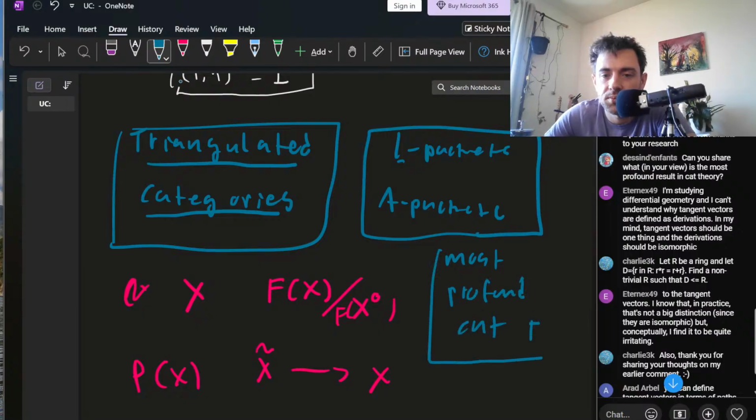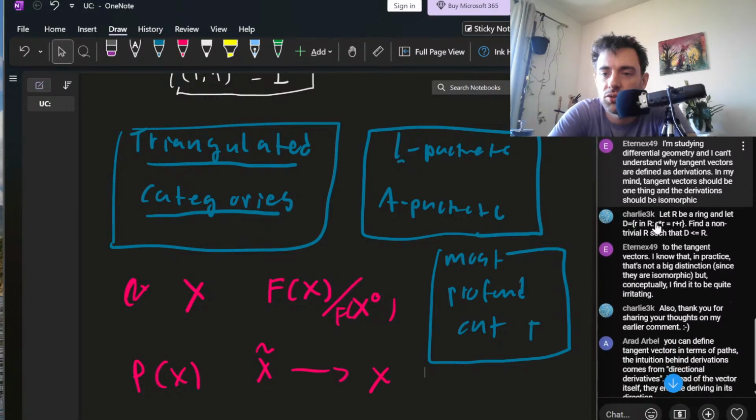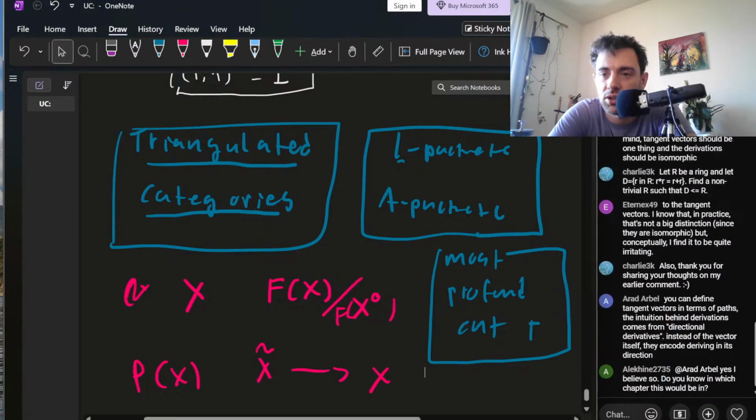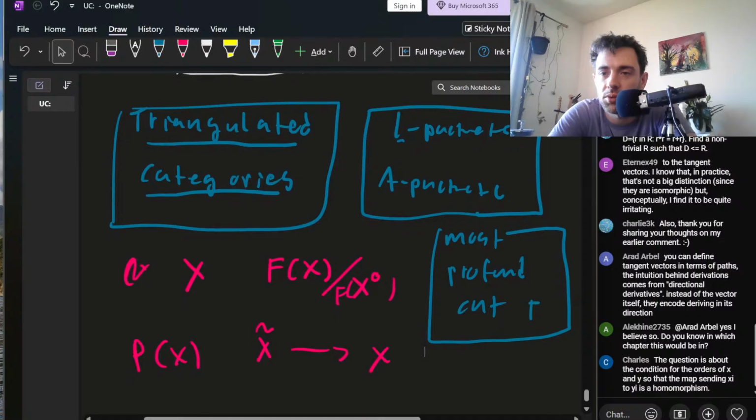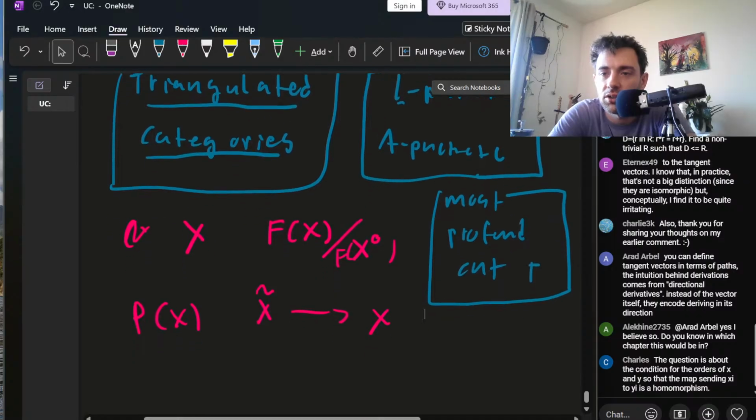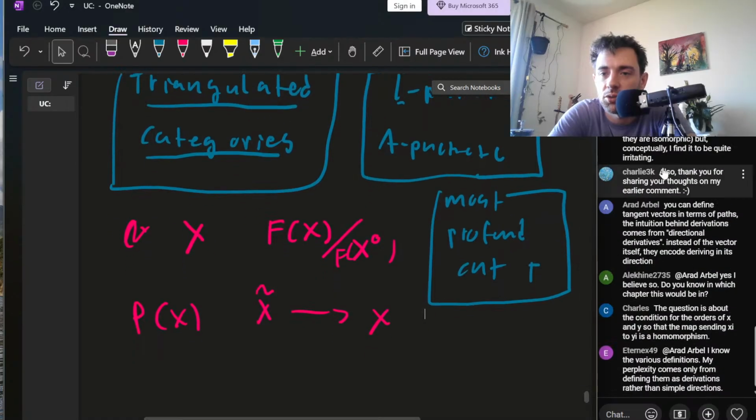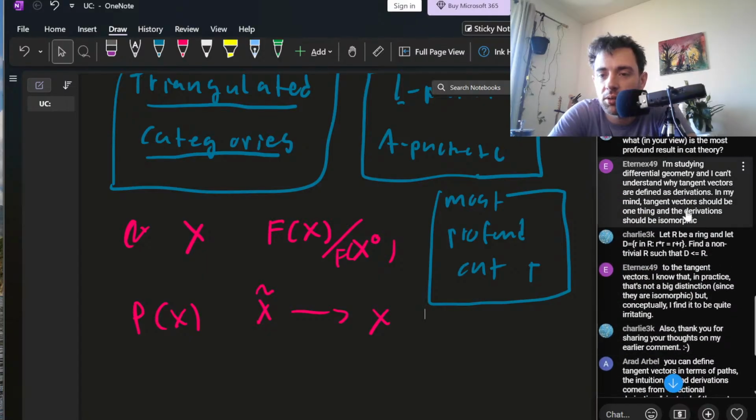Studying differential geometry, can't understand why tangent vectors are defined as derivations. Aha. In your mind, tangent vectors should be one thing, and the derivation should be isomorphic. Well, it depends on a matter of perspective, right?